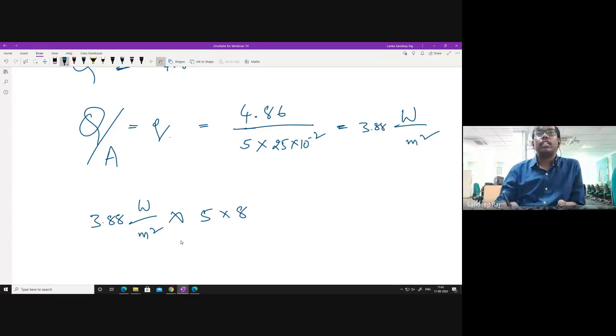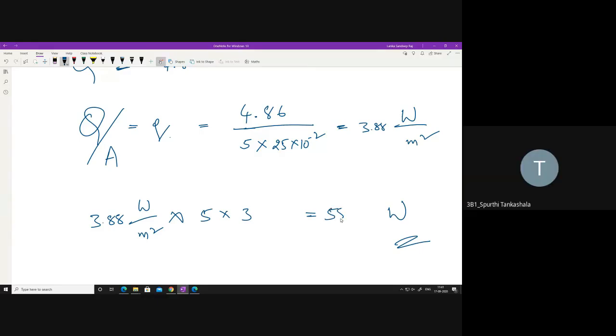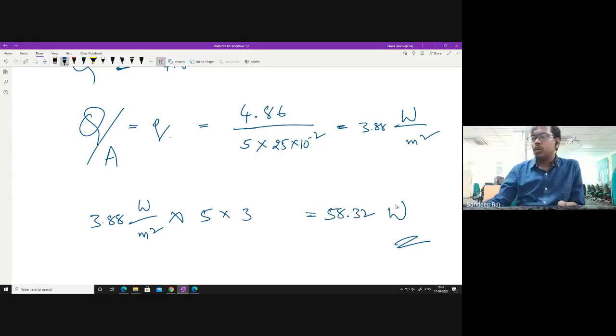Yeah, sorry, 3 into 5 is given in the question. So this will give you the overall heat transfer. Somebody calculate and tell me this value. 58.32 watts. Right? So this will be the heat transfer that is happening throughout the wall. This is how you can consider it.